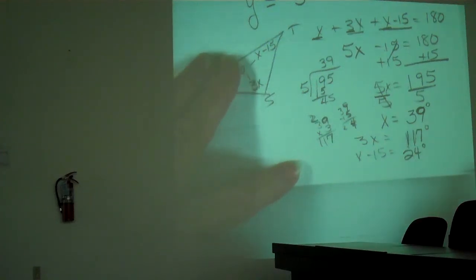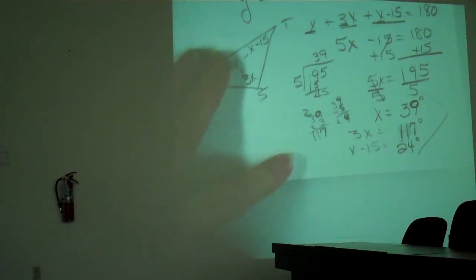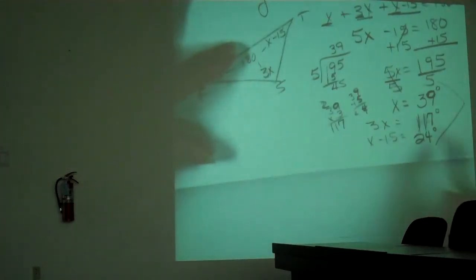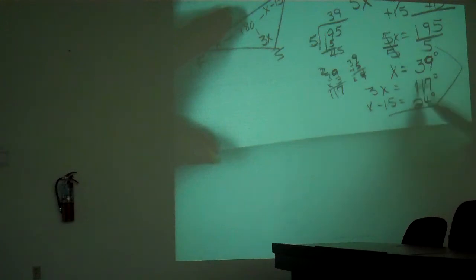And to make sure you didn't do something like I did, you add all these up to make sure they add up to 180. Make sure there wasn't a mistake in something. So you got 39, 117, and 24. Okay, it came out. So that's the three angles right there.